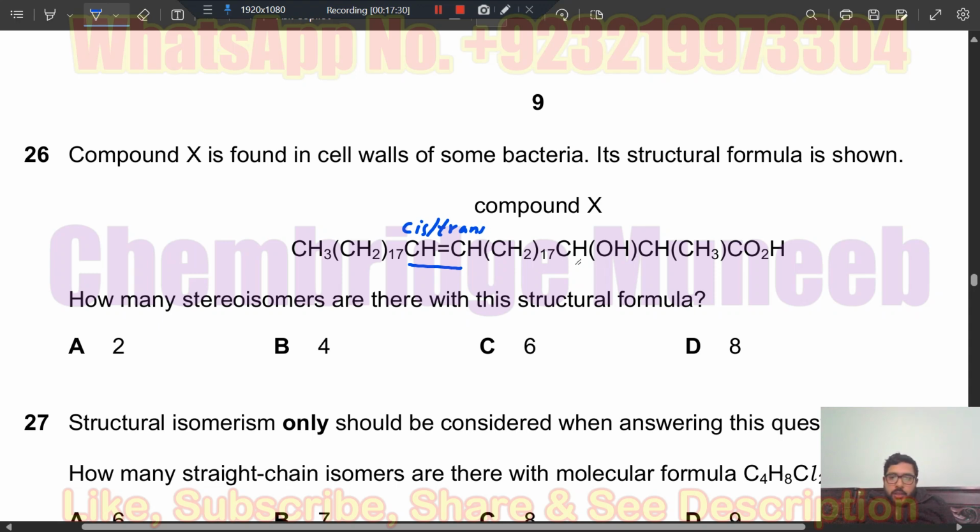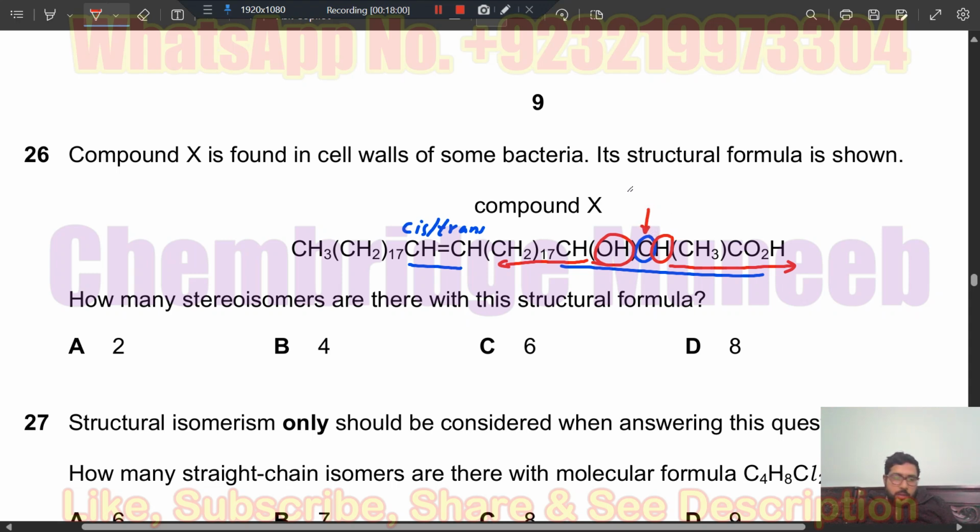Now if we check this part of the organic compound, we can see that this carbon is bonded with 4 different groups. Those 4 groups are a hydroxyl group, a hydrogen atom, the complete right part, and the complete left part, all connected with this central carbon atom.